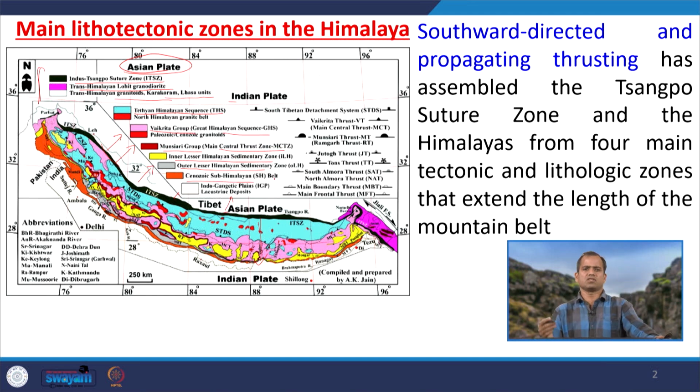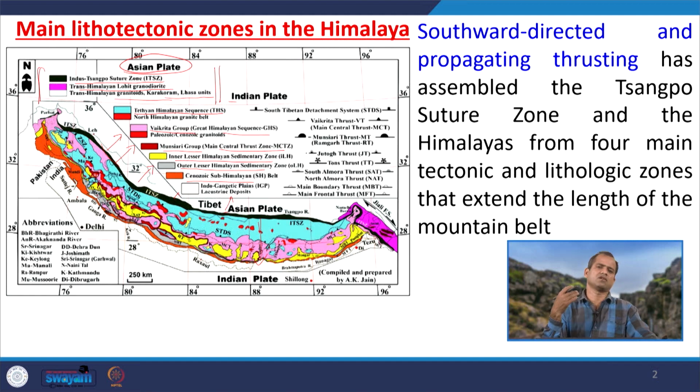So, this Himalayan system, as it is a convergence between two continental plates, both plates contribute to form this mountain system, this orogenesis. So, that can be divided, and this Indus-Tsangpo Suture zone is the boundary. North of it comes under the Asian or Eurasian plate, and south of that it comes under the Indian plate.